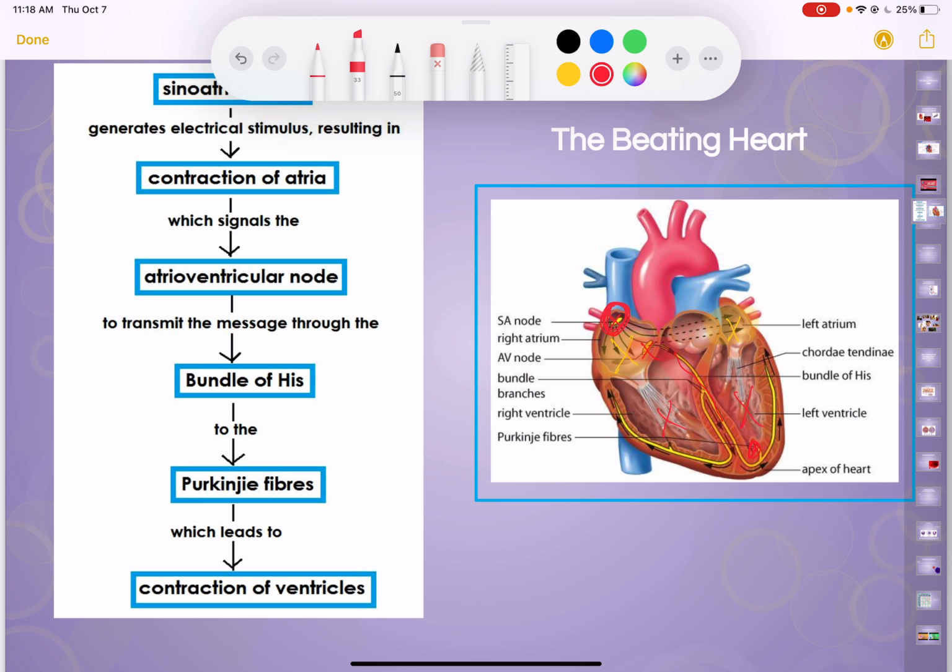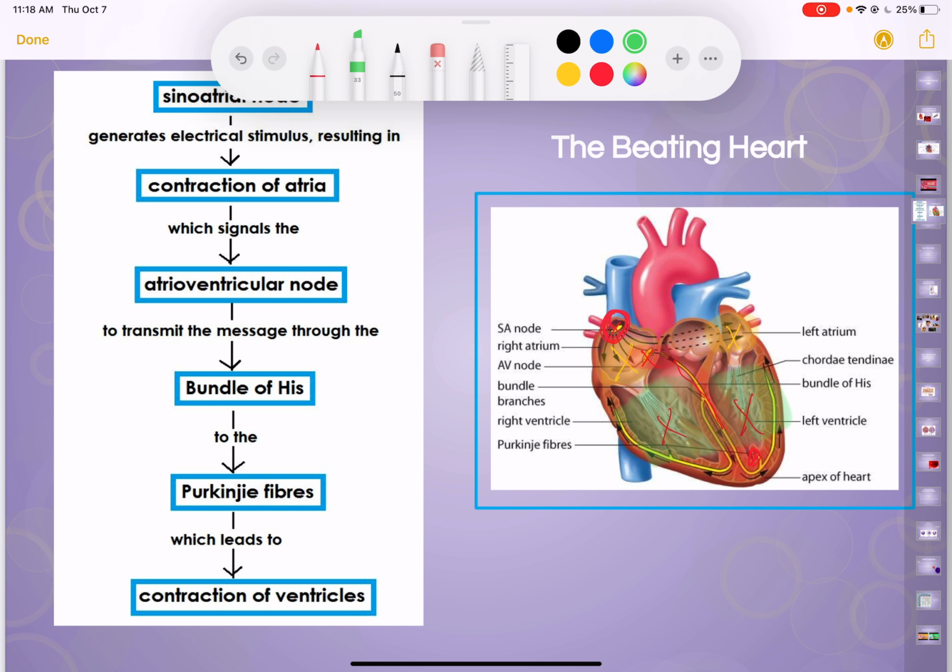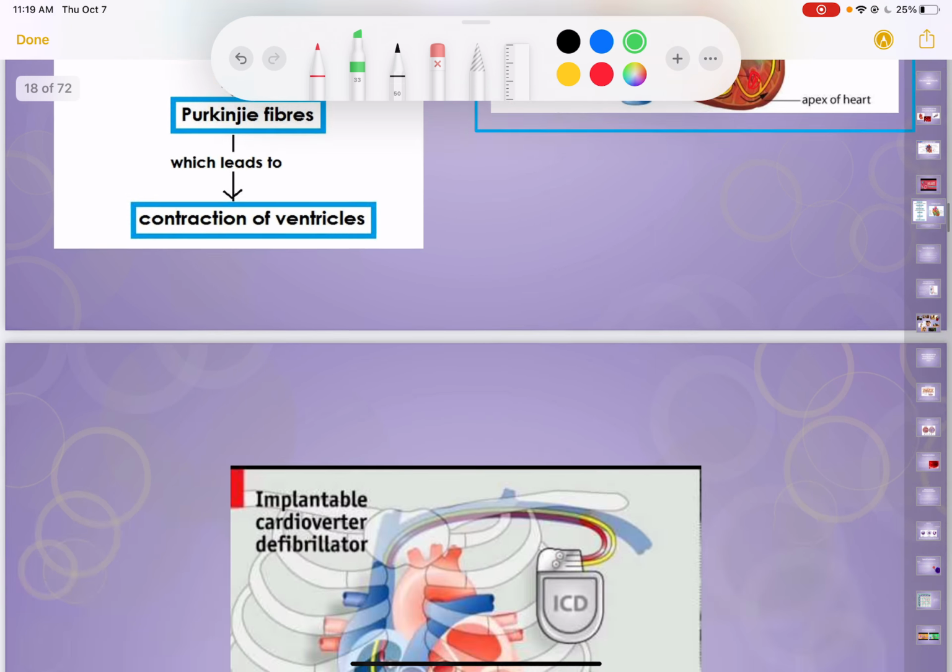And then the ventricles will contract. Okay? So that's how that all works. So it's basically a pathway of nerves that make your heart beat. And the real thing to remember here is that the SA node is the part that is going to start the heartbeat, and then everything else is connected from there.